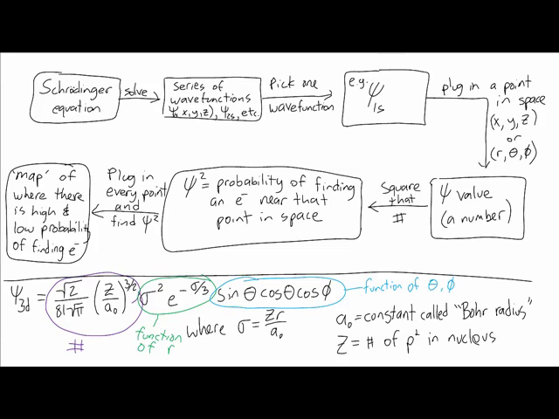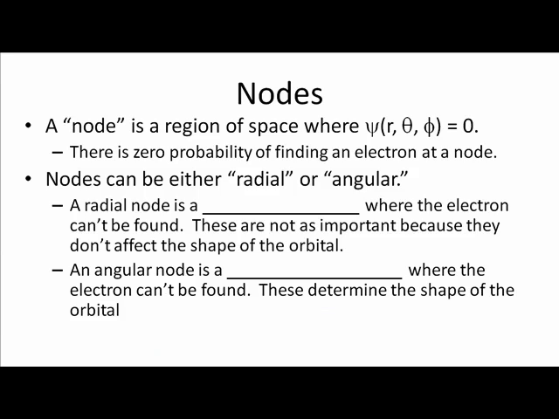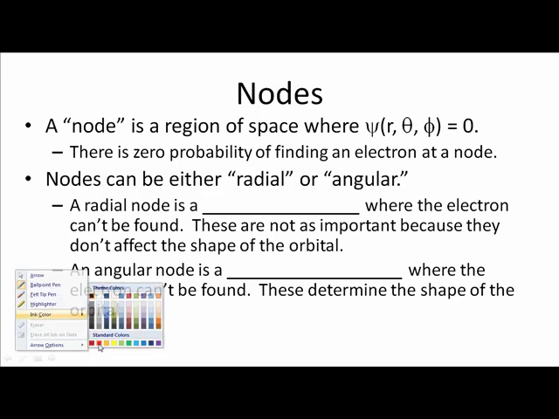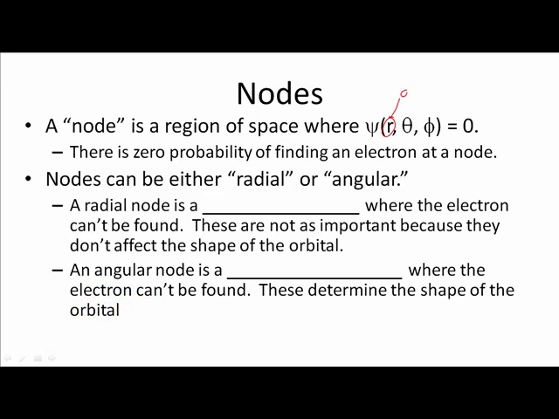So we said this is a function of three variables: r, which is distance from the origin, which in our case is going to be the nucleus, and then theta and phi, those are just angles between where the point is in space and the x, y, and z axes.